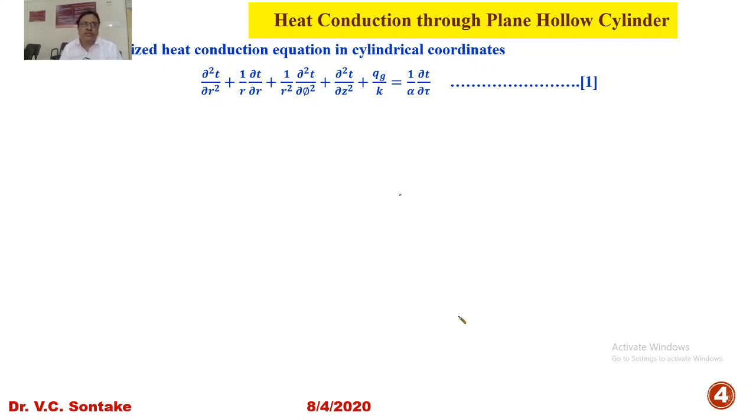Q dot G is the volumetric heat generation, alpha is thermal diffusivity and tau is time.